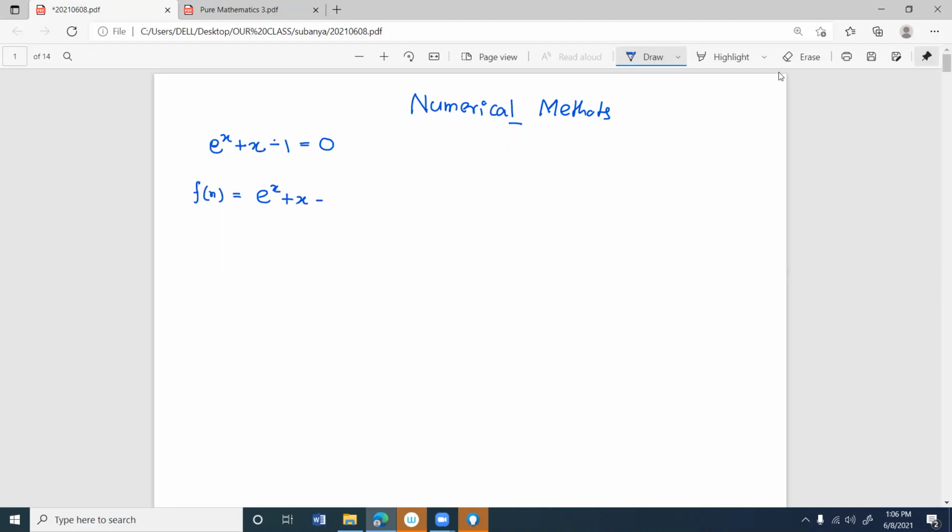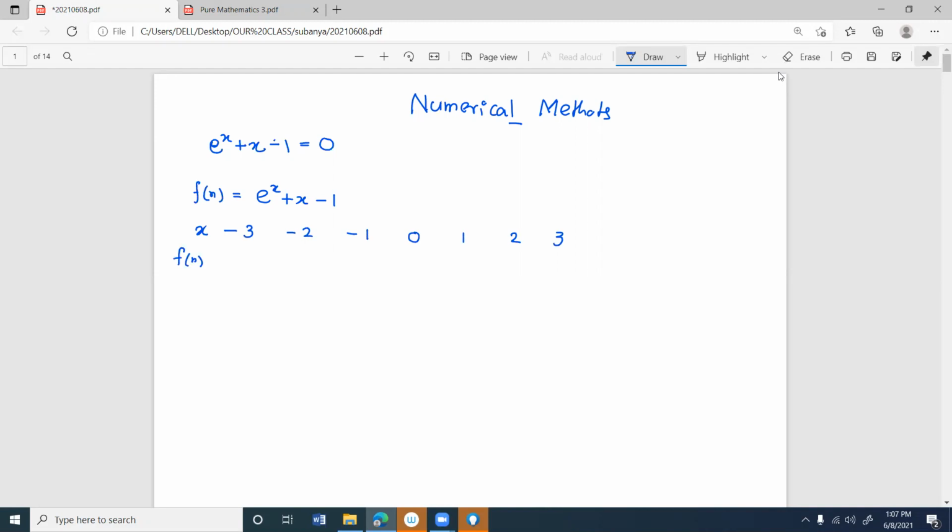Plus x minus 1. I'll take some x values like minus 3, minus 2, minus 1, 0, 1, 2, and 3. And I'm going to get the values for f(x), the y values.